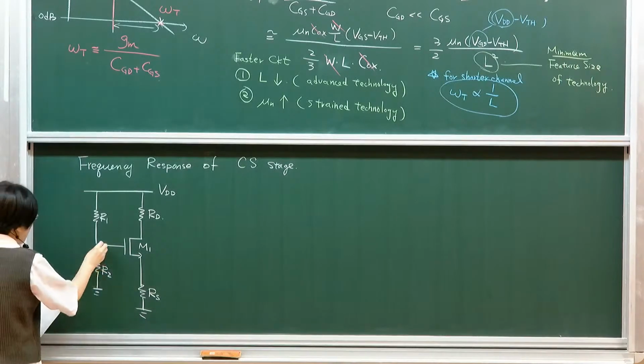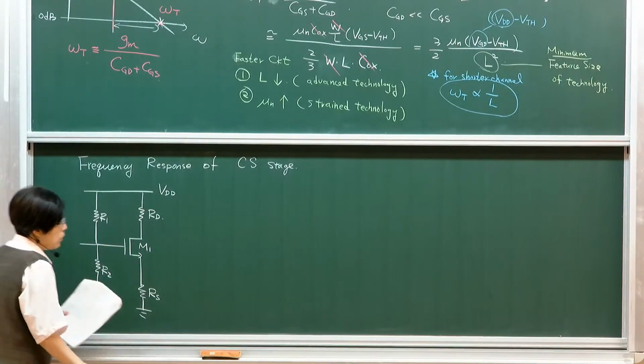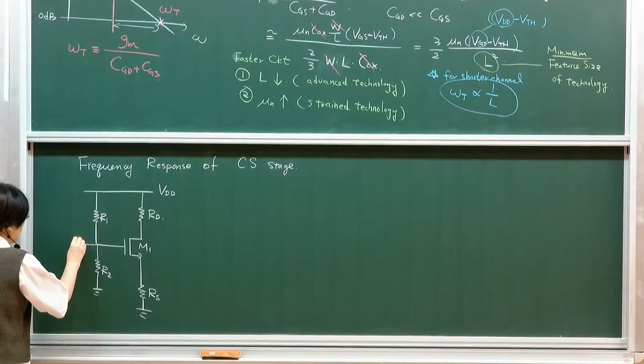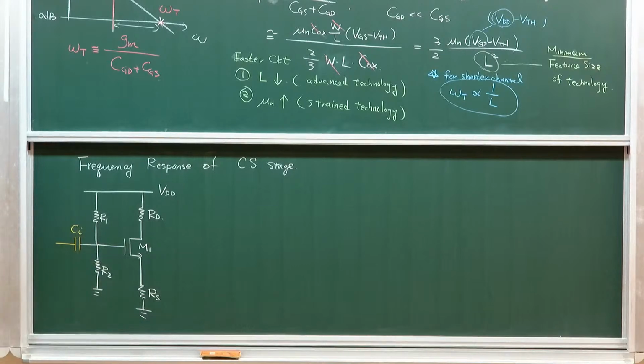So we want to analyze its overall frequency response. I'm going to add two external capacitances. One we have already discussed is the coupling capacitance CI from the input terminal.